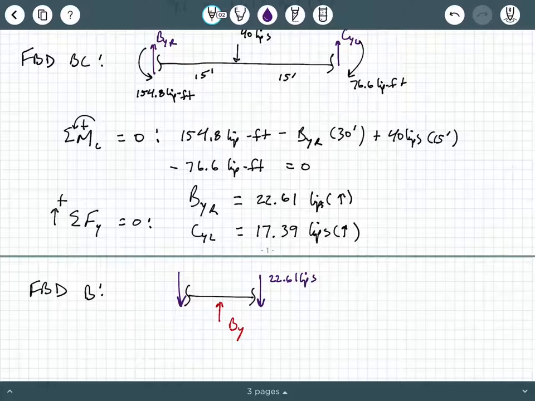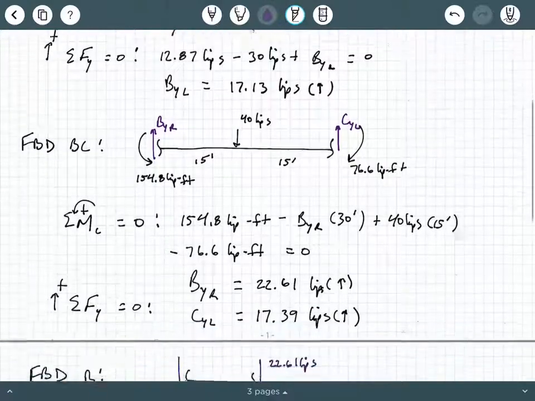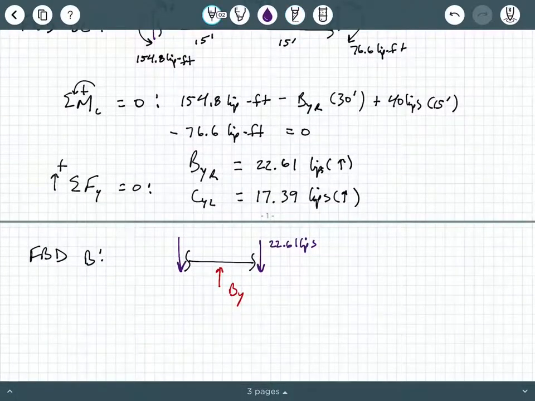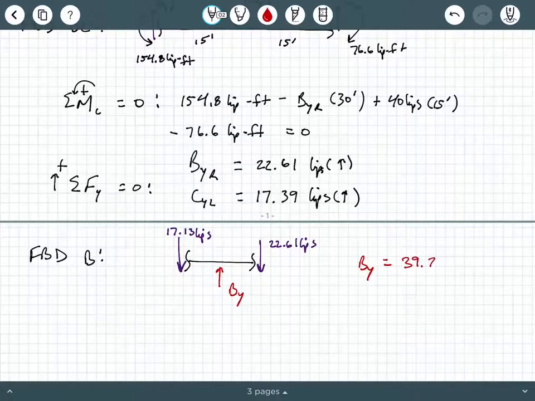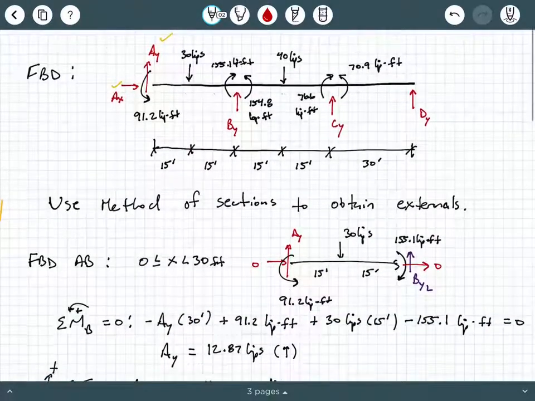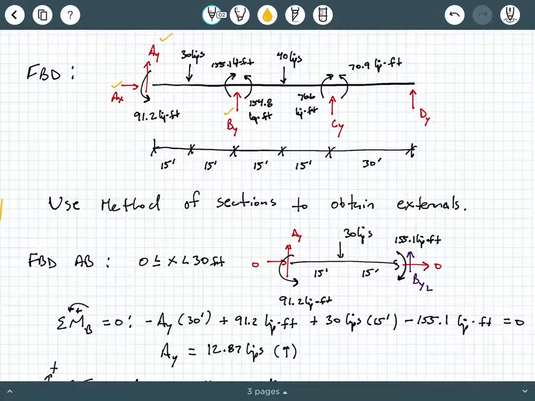Notice it's going down because we're looking at the free body diagram of B, so it's got to be the same magnitude, opposite direction, and a similar thing on the other side, 17.13 kips here. So BY should end up being 17.13 plus 22.61, 39.74 kips going up. So we can check off BY here.